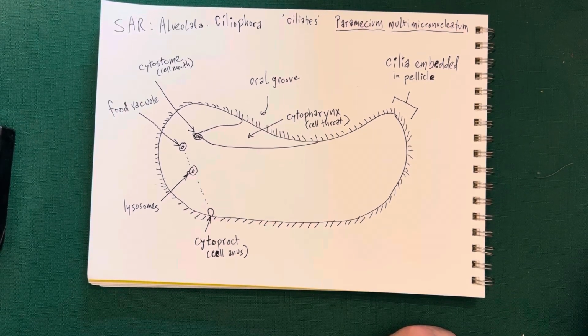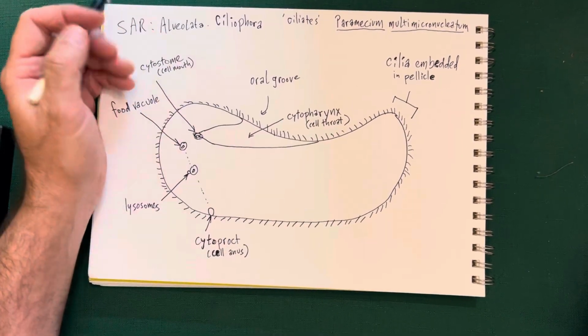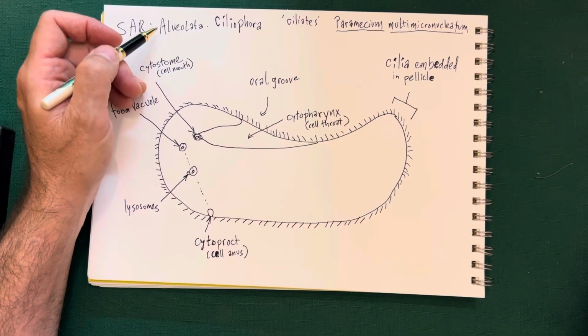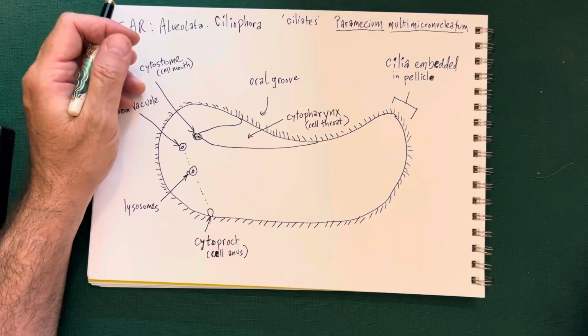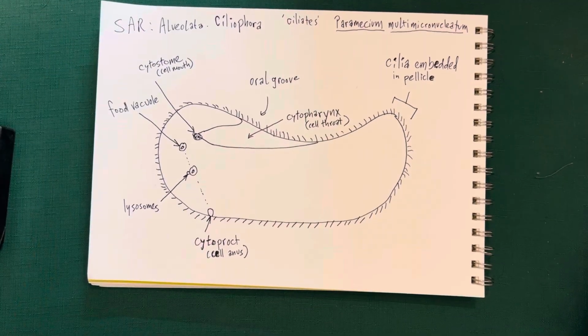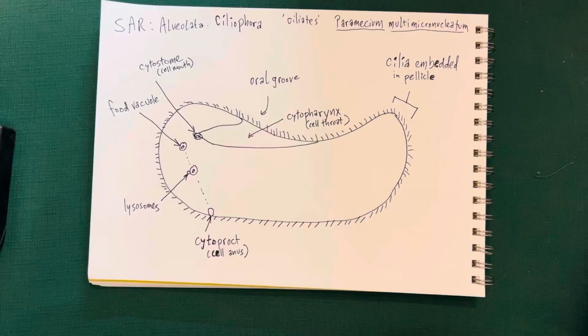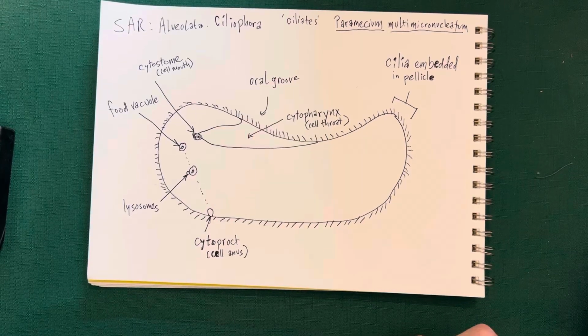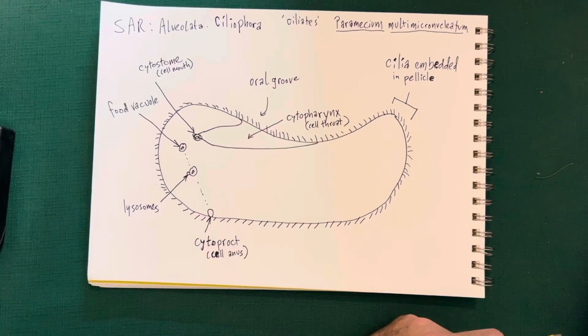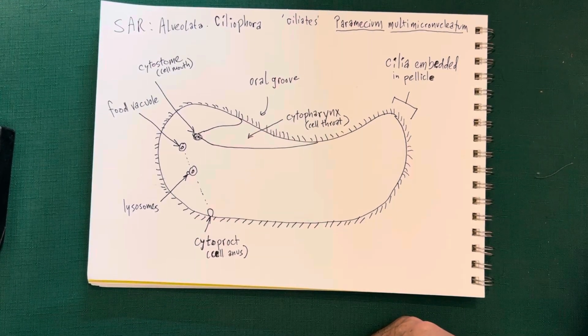And that's something we see not just in the Ciliophora, but in all members of the Alveolata. So Alveolata get their name from having these complex pellicles that have little bubbles of membrane embedded in the pellicle that are reminiscent of the alveoli that we have in our lungs, which are like clusters of grapes.